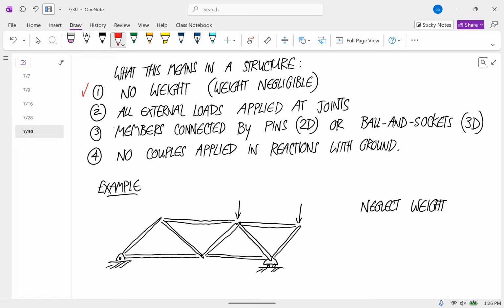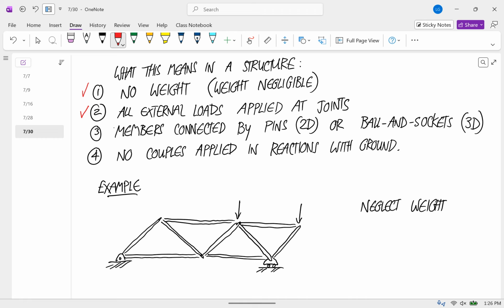Yes. We have reactions connecting it to the ground at the lower left and the lower right, and those are applied at joints. And then we have the 2 force vectors shown both acting at joints. So yes, we have this.